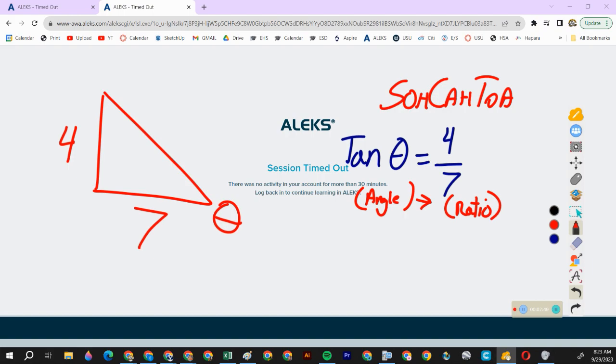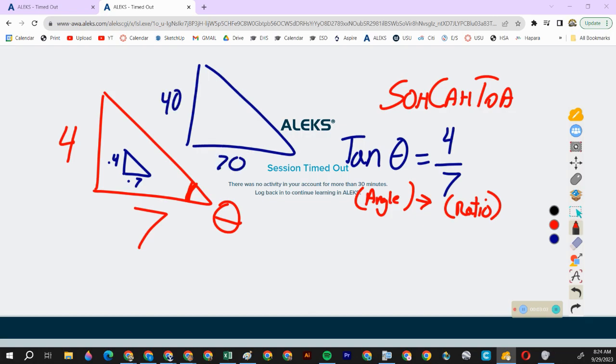So whenever you have an angle this big, the ratio is going to be 0.57. What if I drew a smaller triangle that had 0.4 and 0.7? What's the ratio going to be? The same, 0.57. What if I had a huge triangle and it was 40 and 70?